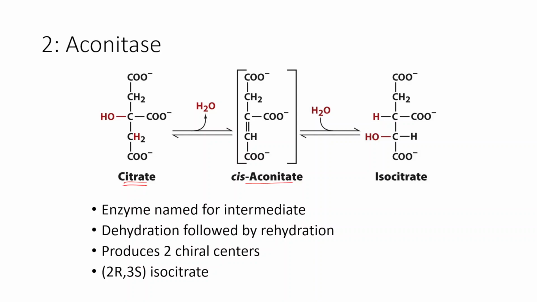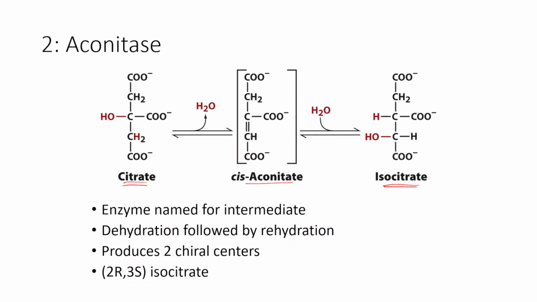But what happens here is the hydroxyl group and one of the hydrogens that are highlighted in red on the citrate are removed through a dehydration reaction to form a double bond. And then when this intermediate is rehydrated, the hydrogen and the hydroxyl group are replaced on opposite carbons from where they first started. And so the result of that reaction is a molecule called isocitrate.